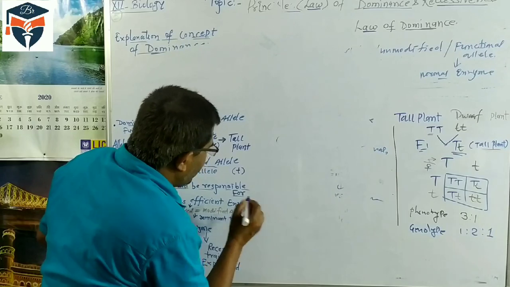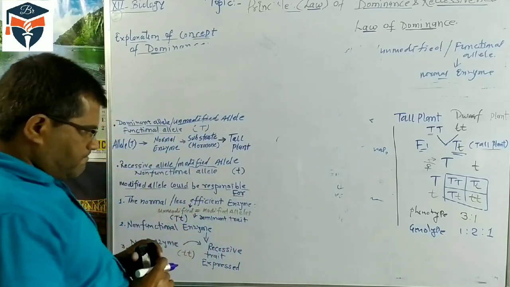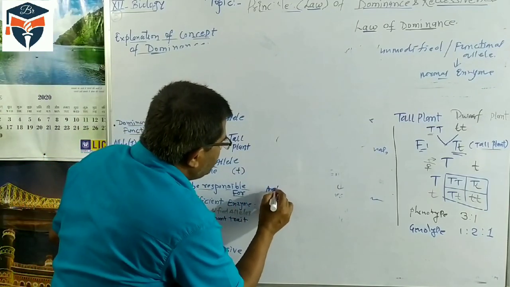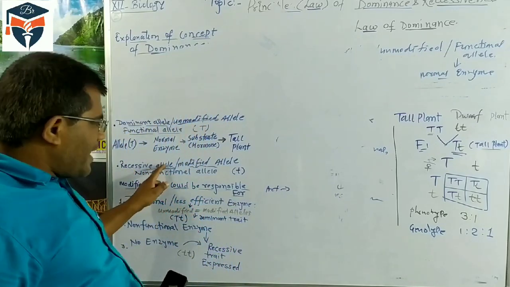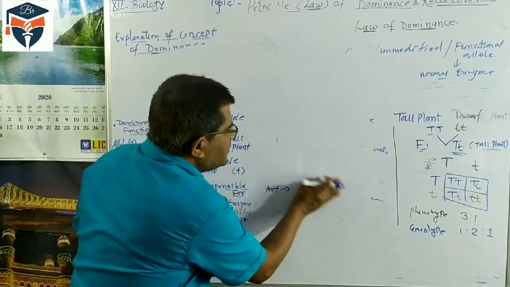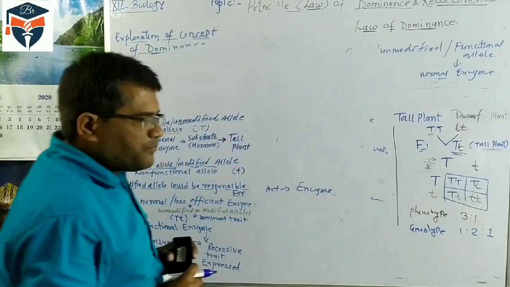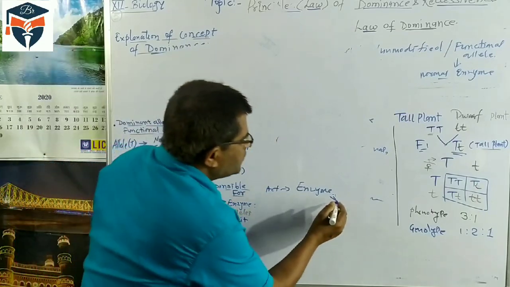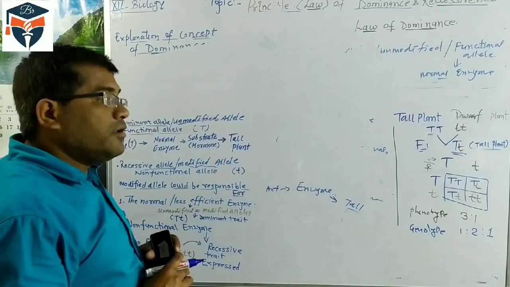In such cases, what happens? This recessive allele sometimes acts as a dominant allele. It means the recessive allele acts as a dominant allele and its enzyme is properly secreted. When the enzyme is secreted in enough quantity, it will show the characteristic of the tall plant.